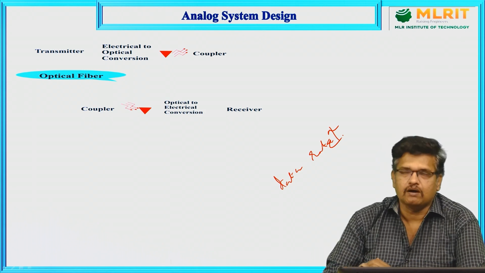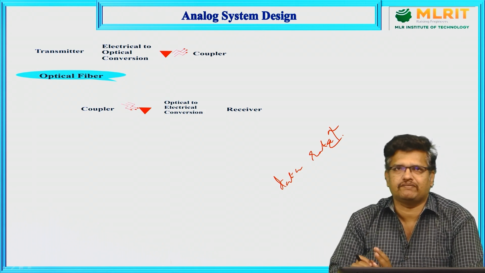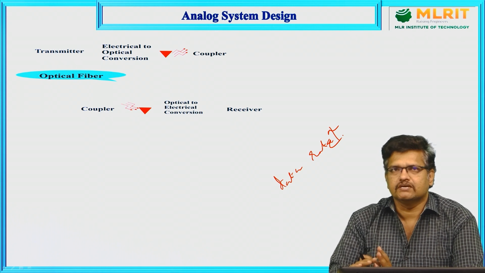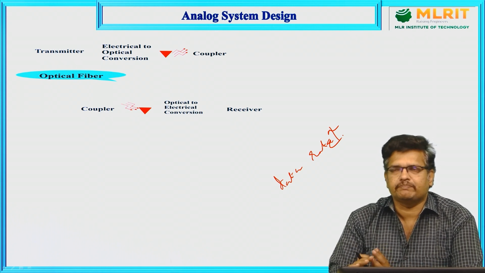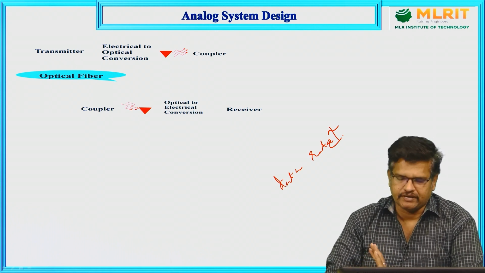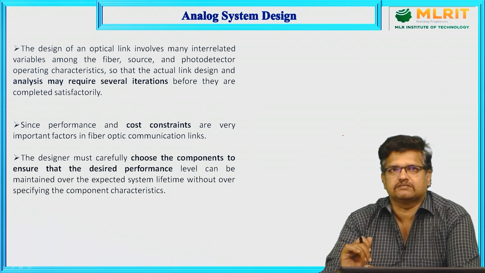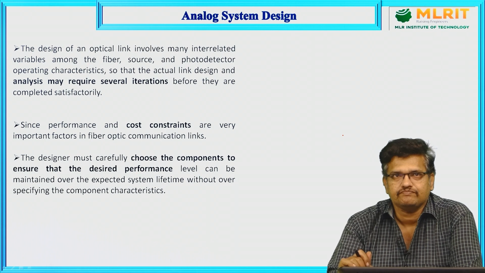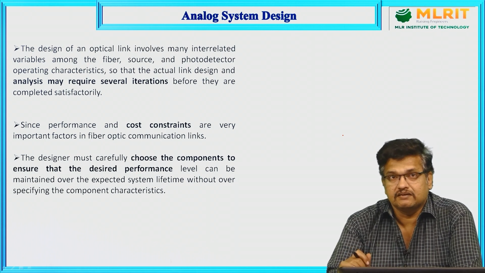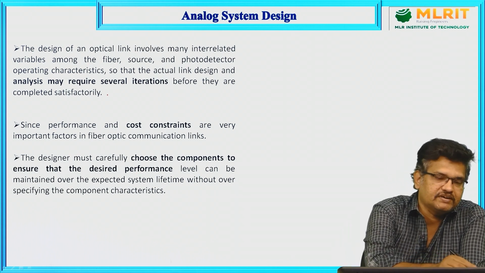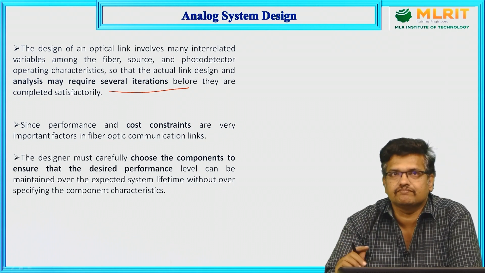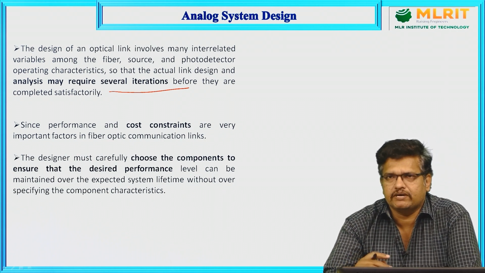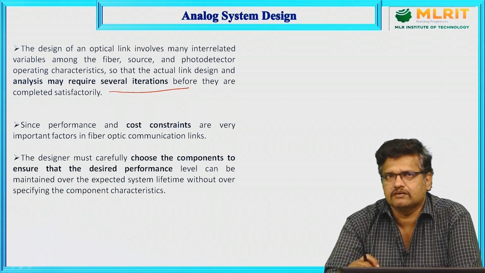Now, while designing an optical fiber system, we have to consider all the parameters. The designer has to think through several iterations, because while transmitting the light signal we need amplifiers, so n stages of amplifiers are required.